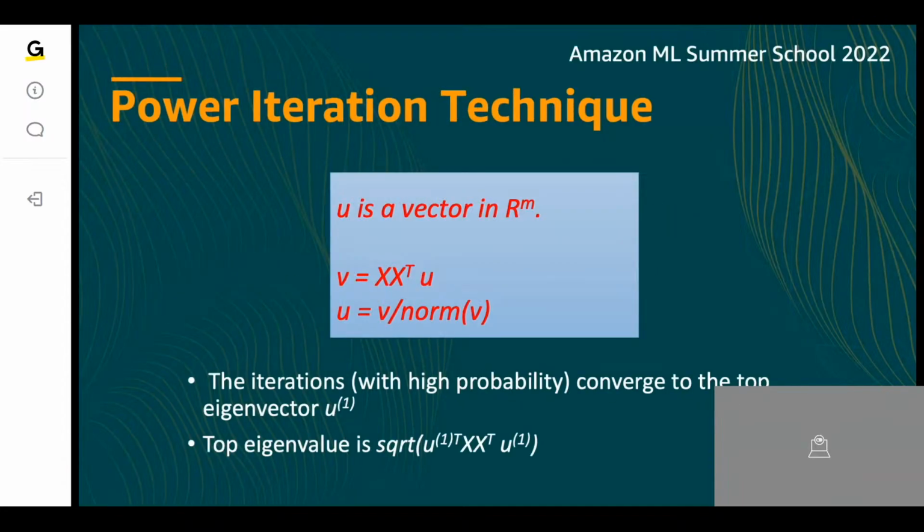The power iteration technique goes through eigenvalues one after another. In step one, it identifies the top eigenvalue, and then based on that, it identifies the next one, and so on.